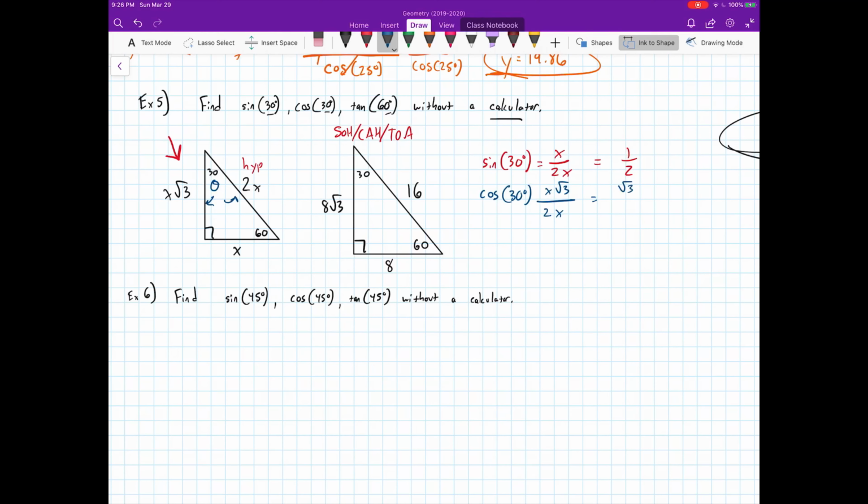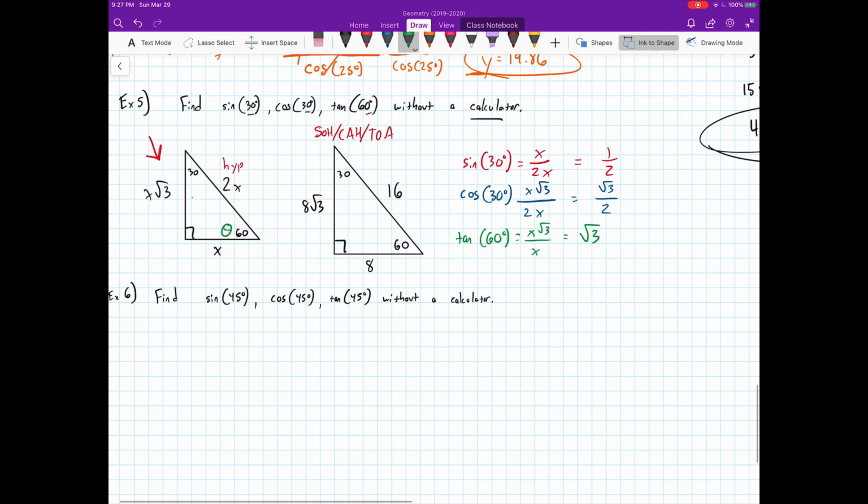So you just have root 3 over 2. And then for tangent, I used 60 degrees, tangent of 60 degrees. So for this, I'm actually looking down here at 60. Erase these old ones. And I'm going to do opposite over adjacent. So x root 3 over x. And that's just going to be root 3, which is nice.